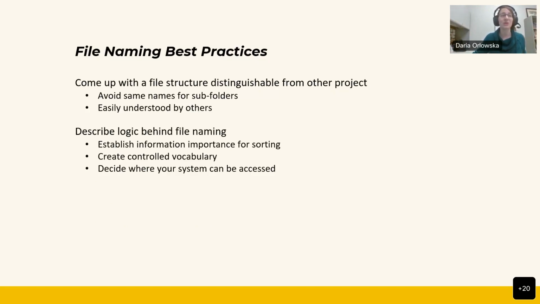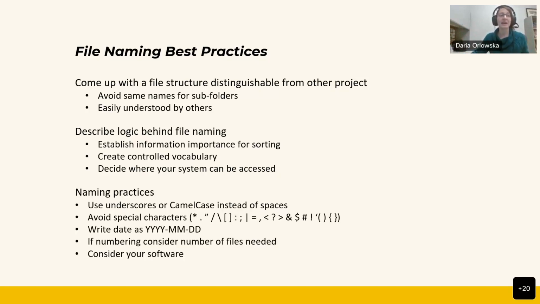So if you want to create a controlled vocabulary, if you want to say this is how we're going to name all these files to make them easier to find, that's a good place to get started. And consider what naming practices you want to include as a general rule. Avoid spaces, avoid special characters, write your date in a consistent manner. Consider whether you need specific software to access things.